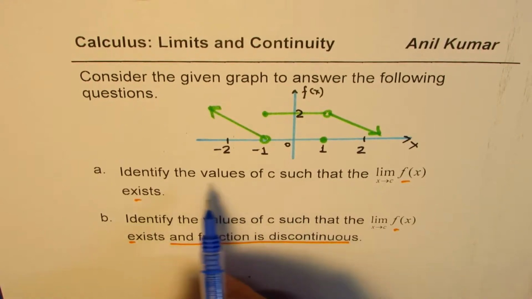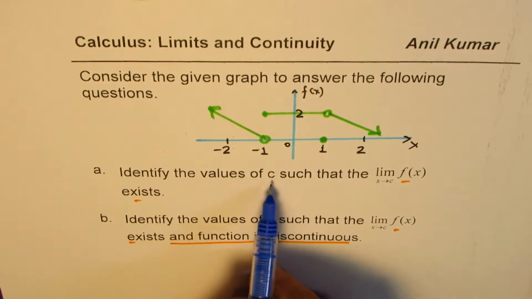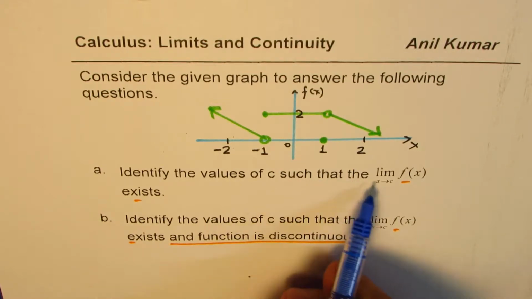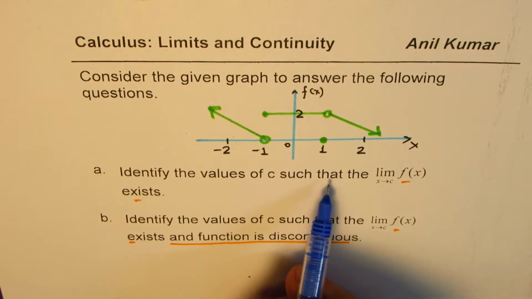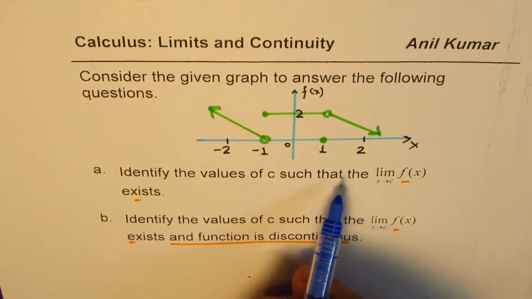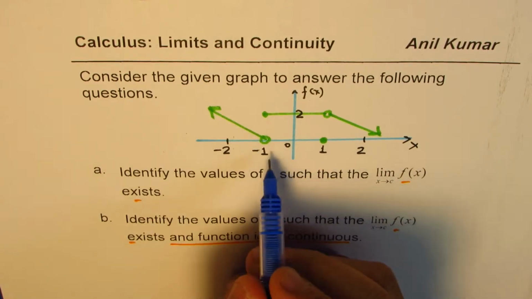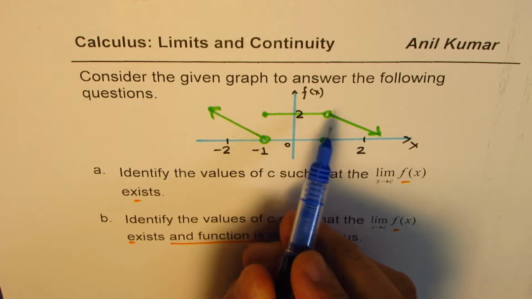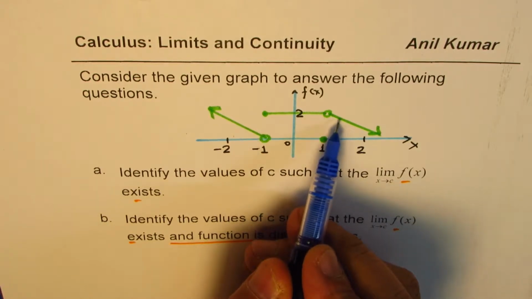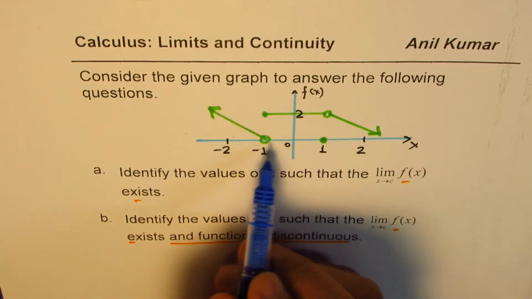Part A says identify the values of c such that the limit exists. So that means we have to identify the points where the limit does not exist. They will not be included. It is only at x equals minus 1 where the limit does not exist. At all other points, the limit exists.